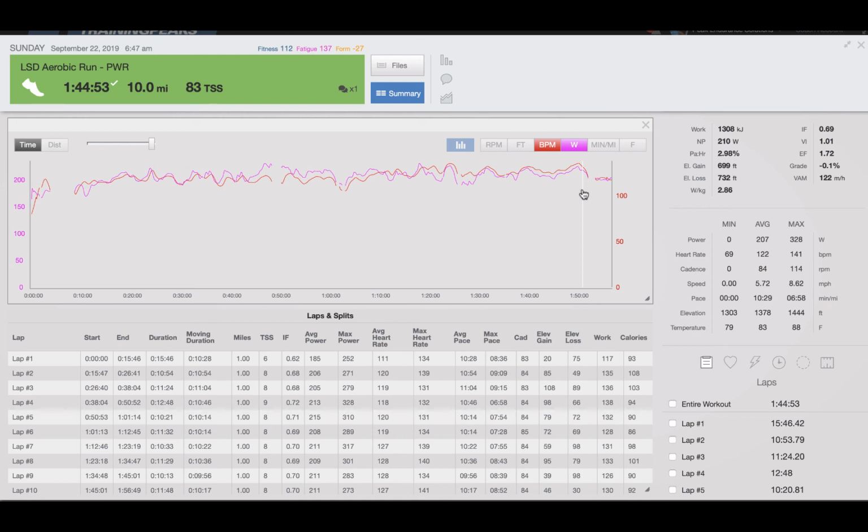So think of crit racing or draft legal style sprint distance or Olympic distance type racing. This still applies to those athletes as well because they need to have the aerobic fitness to be able to constantly reproduce high power outputs and surges. But it's probably most relevant and most apparent to steady state endurance athletes that are doing half marathon, and then non-drafting triathlon, and especially ultra marathon trail running too.